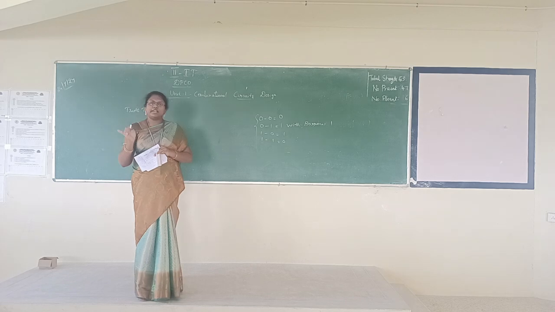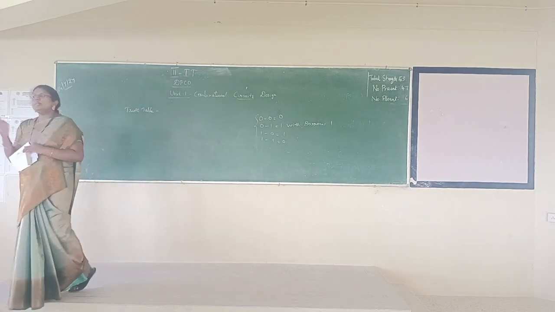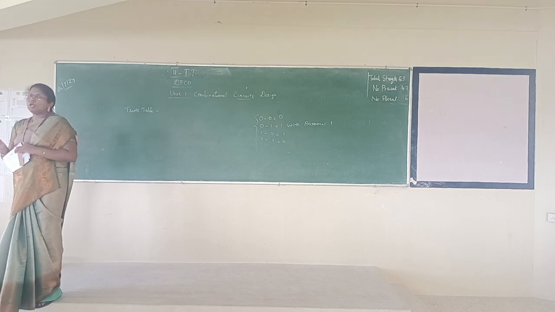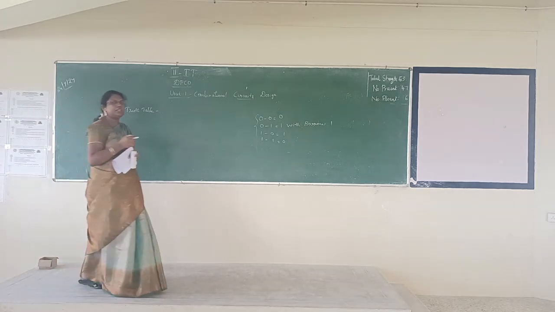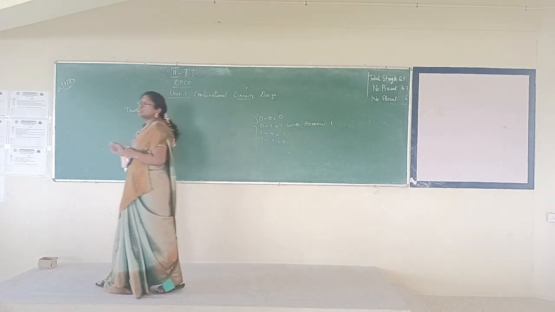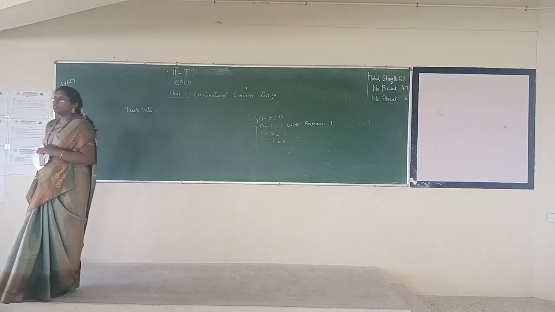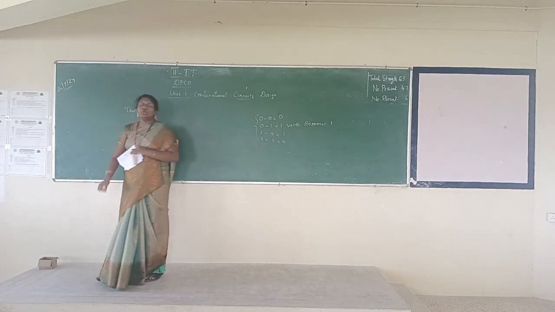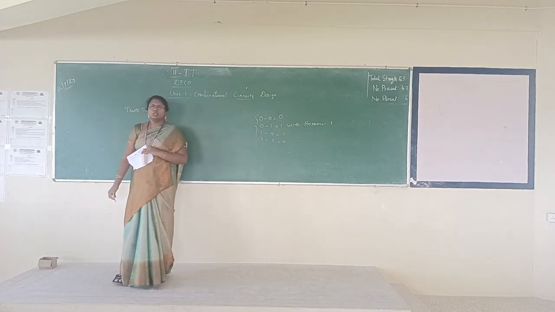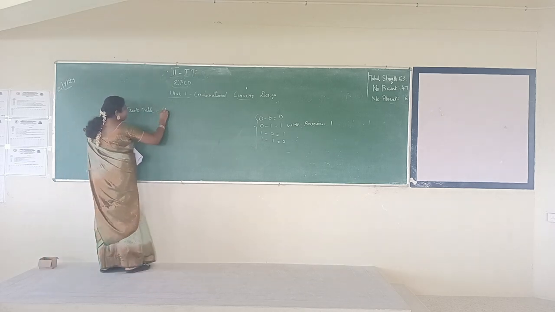A, B or X and Y. Consider them as A, B. What are the outputs? Borrow and difference. How many inputs are here? 2 inputs. What is the combination? 00, 01, 10, 11. Do it by yourself. You know the subtraction operation.